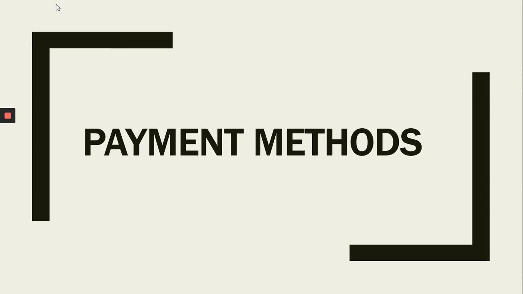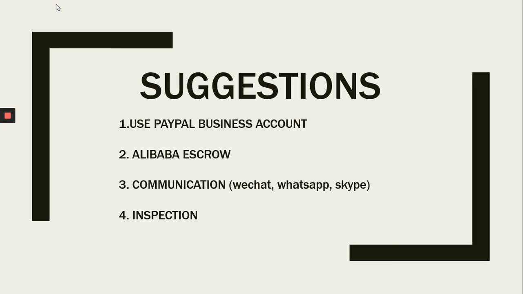First, I want you to understand payment methods. My first suggestion is to use PayPal. Most suppliers did not have PayPal before, but these days most will have it. And sometimes they'll say, "Oh, we don't want to use PayPal because of fees and stuff."